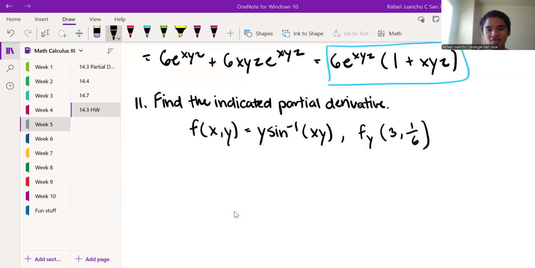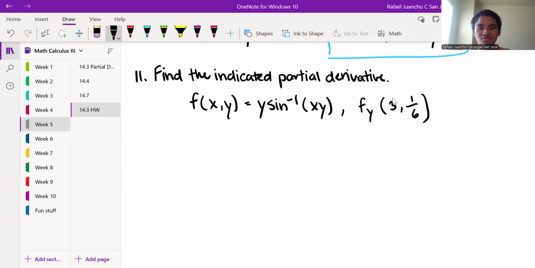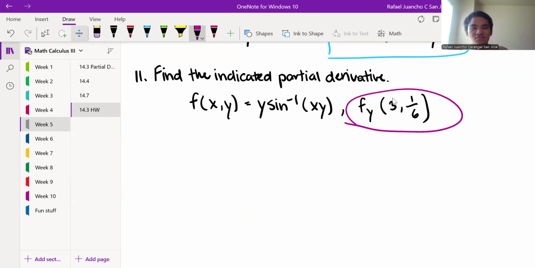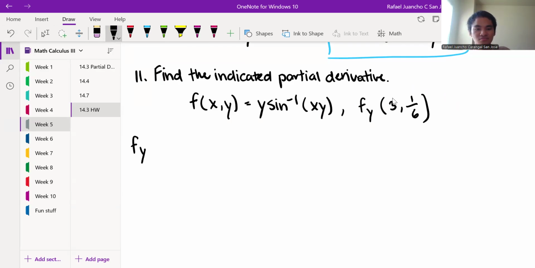I could find f sub y. It wants me to find this, so that's what I need to do. I need to find f sub y in terms of x and y.